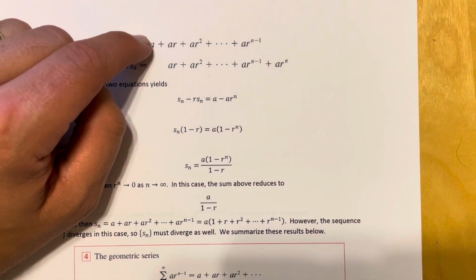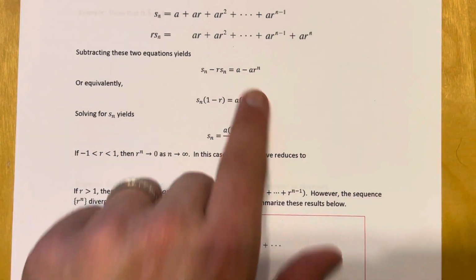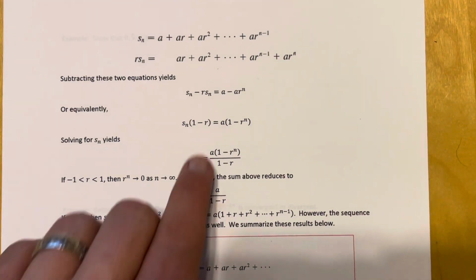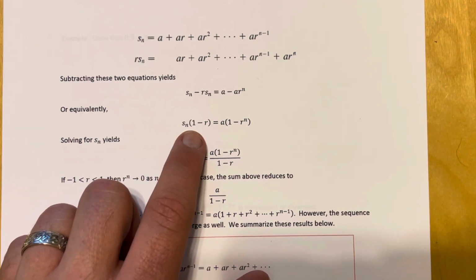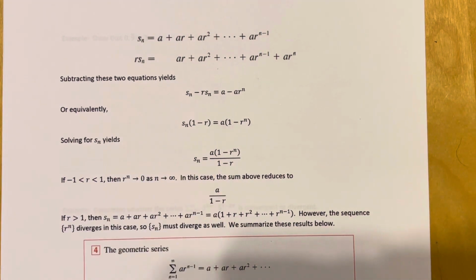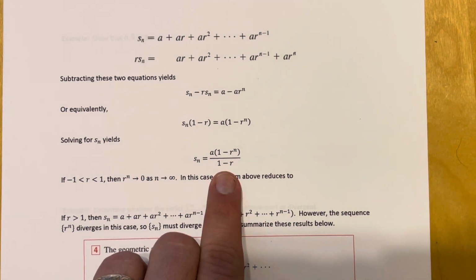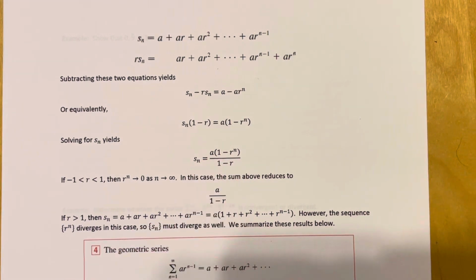And I'm only left with this a minus this ar to the n right here. Now I can factor that s_n out, and then divide by the 1 minus r that remains so that I can get a formula for my nth partial sum. This thing right here: a times 1 minus r to the n, all over 1 minus r.